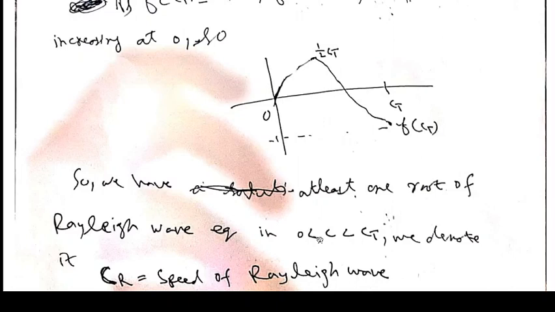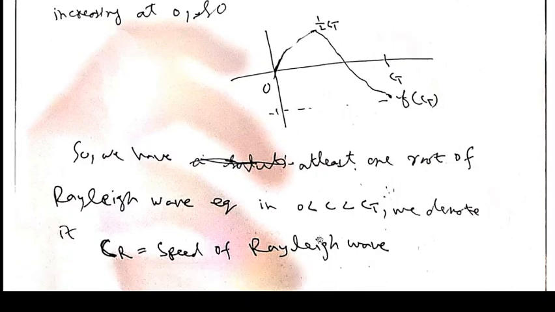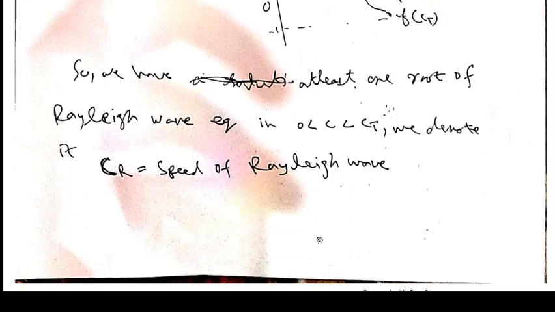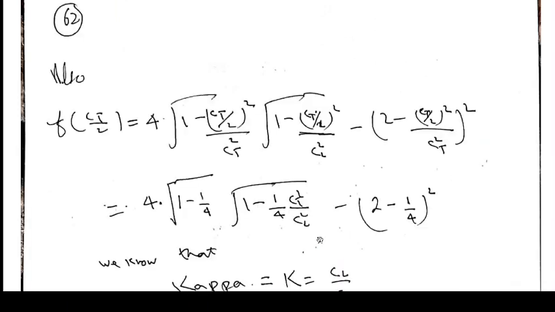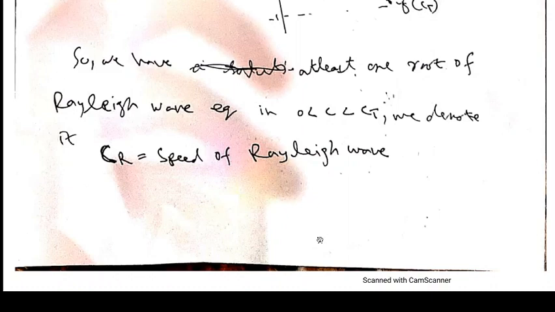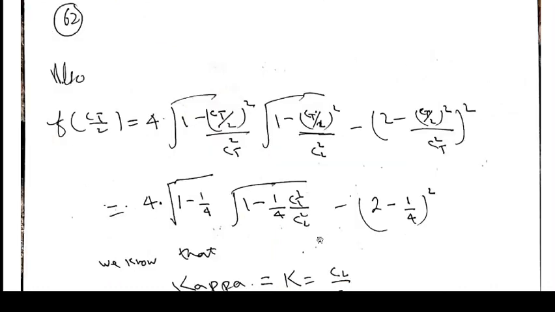So we denote this Rayleigh wave speed by Cr, as I said in the starting, that we will denote our Rayleigh speed with C subscript capital R. Now we have seen that the root of this equation lies in this domain.